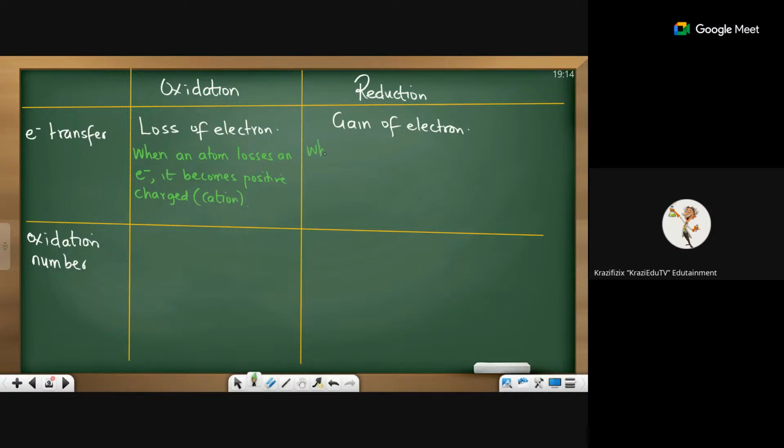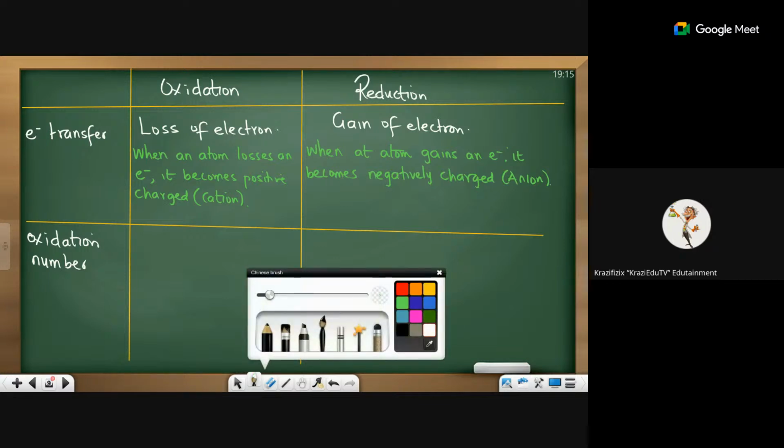When an atom gains an electron, it becomes negatively charged, and it is known as an anion. Important to get those definitions once and for all.